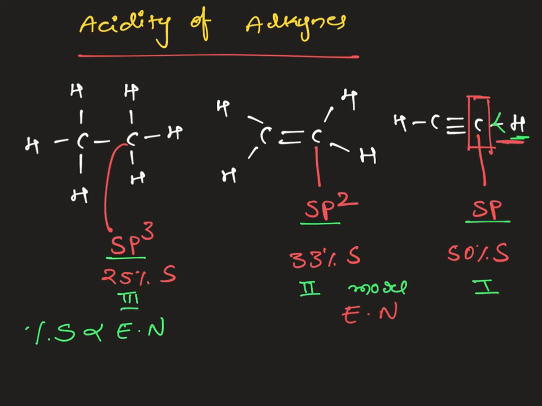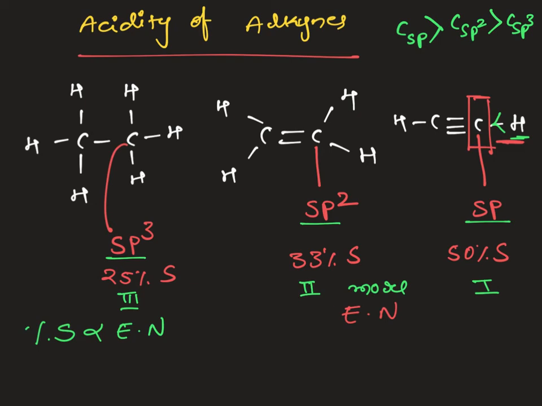So what is the electronegativity order of these carbons? sp carbon is more electronegative than sp2 carbon, which is more electronegative than sp3. Why is sp carbon more electronegative? Because the percentage of s character increases.